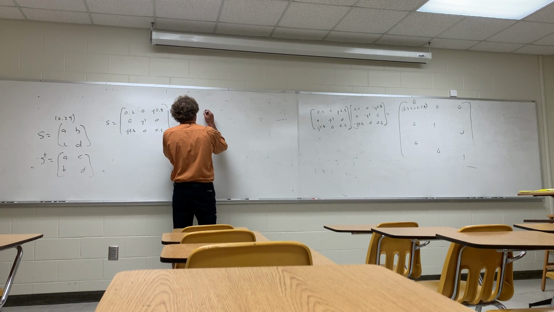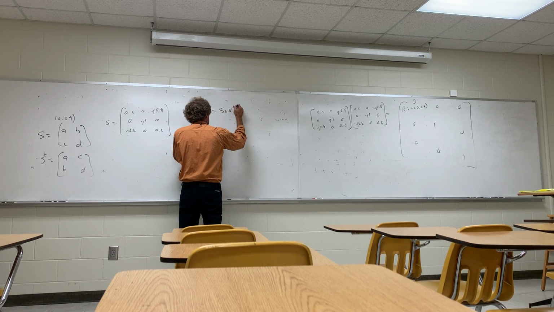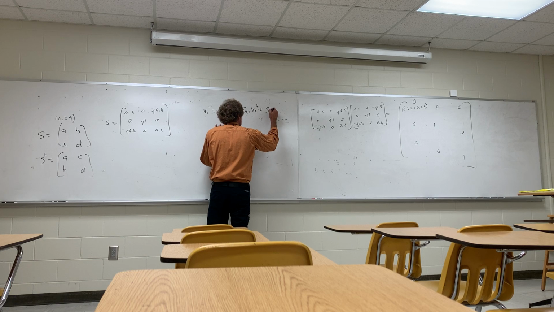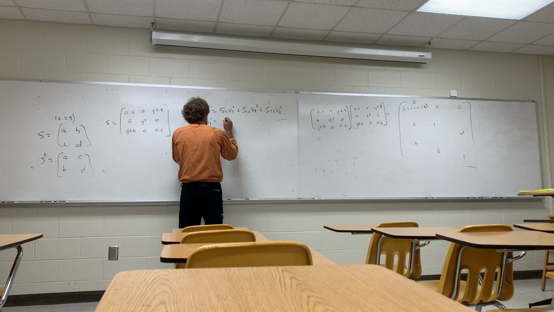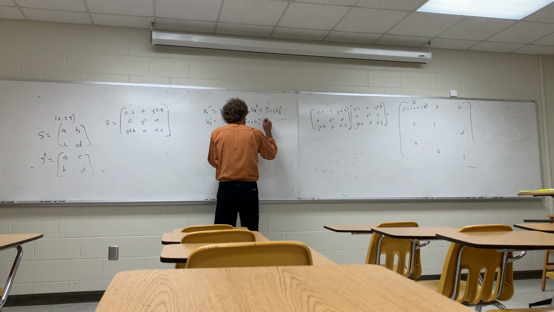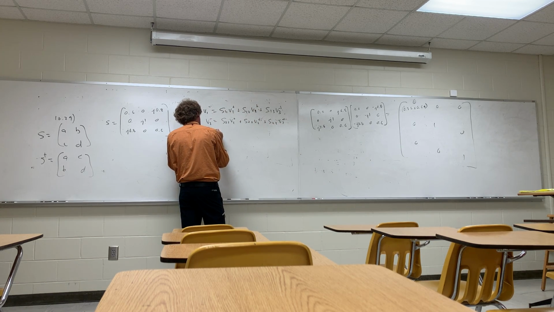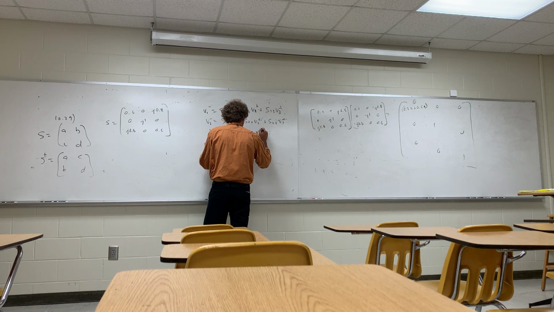Therefore, I have V1 minus equal to S11 V1 plus S12 V2 plus S13 V3 plus, and then V2 minus is equal to S21 times V1 plus S22 V2 plus S23 V3 plus, and V3 minus is equal to S31 V1 plus S32 V2 plus S33 V3 plus.